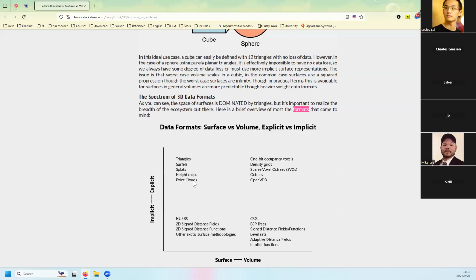Point clouds, oh, they treat it as a surface rather than a volume. Yeah, that's counterintuitive from my understanding of point clouds.